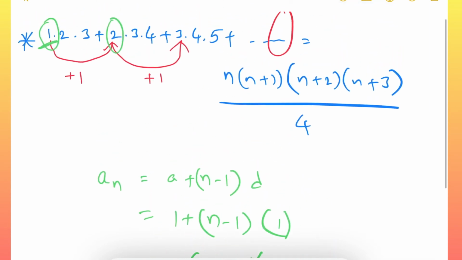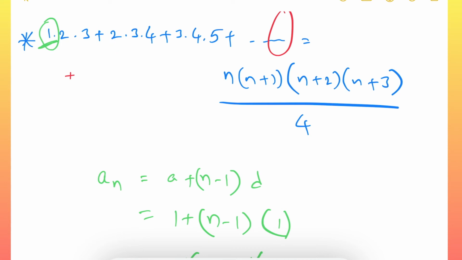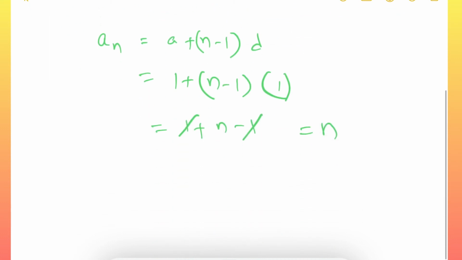Next, the same way for second numbers. Here second number 2, here second number 3 and here second number 4. So if you observe those numbers also, from 2 to 3 it is 1 difference and from 3 to 4 also 1 difference. So the common difference is same. So this is also AP only. So this one also I am going to substitute in this formula only, that is a plus n minus 1 into d.